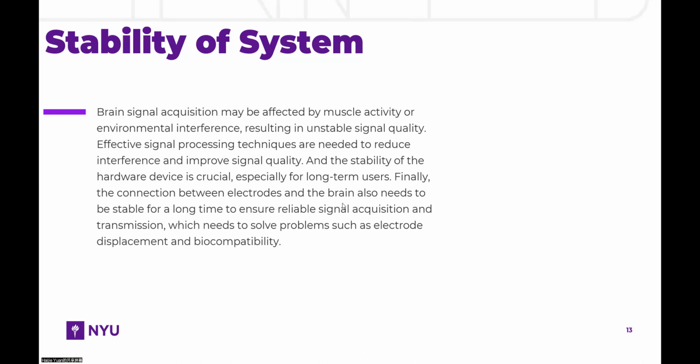And the stability of the hardware device is crucial, especially for long-term use. Finally, the connection between actuators and the brain also needs to be stable for a long time to ensure reliable signal acquisition and transmission, which needs to solve problems such as electrode displacement and biocompatibility.